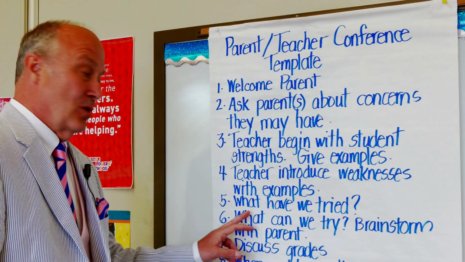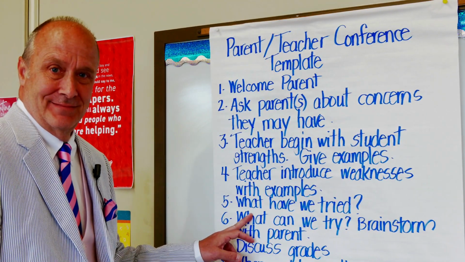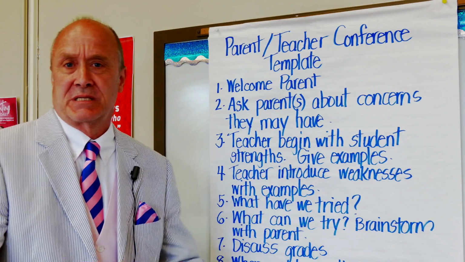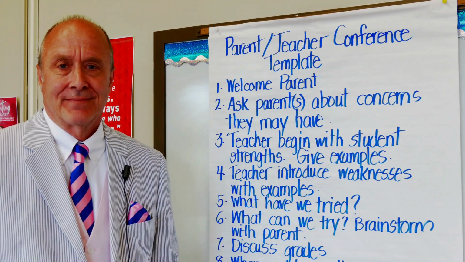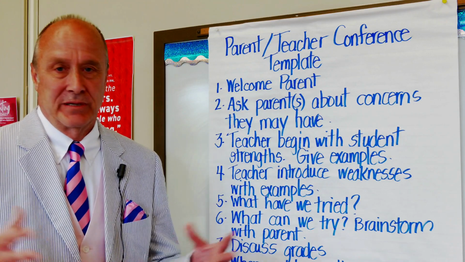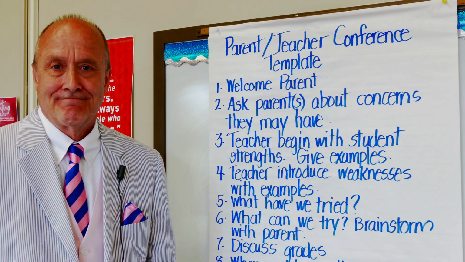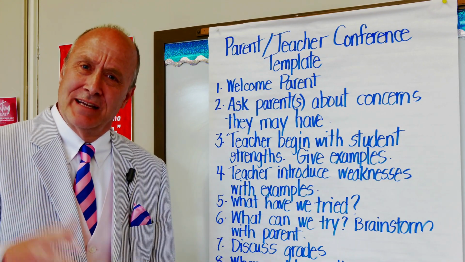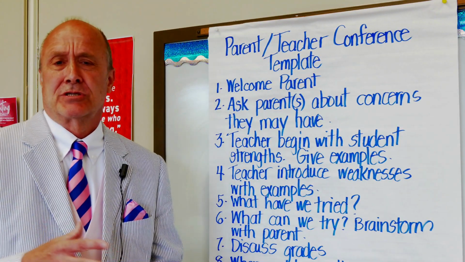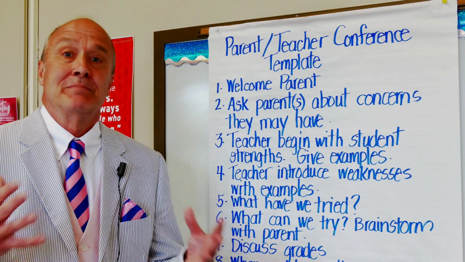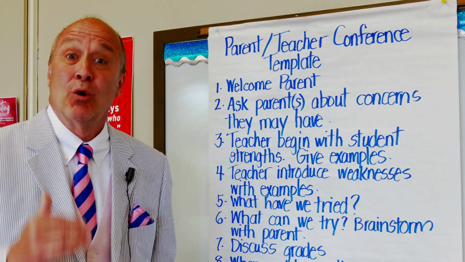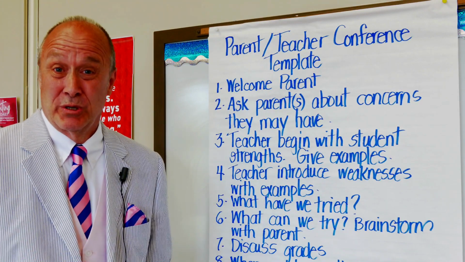Then talk about what you have tried. We did this already and it really worked. It helped him be more successful in the area of math. We tried this and it just didn't work when he was learning his vowel sounds. Is there something that you've done at home, and you can bring the parent in, that helped your child remember things they have to do in sequential order?